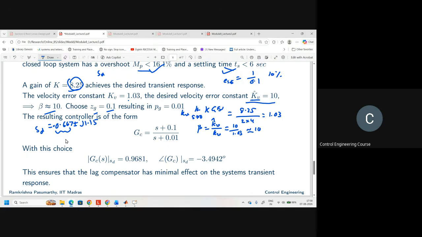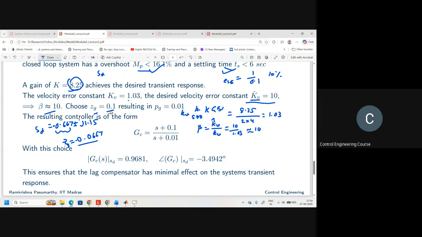So usually for Zc there are two ways. One is you can directly take 0.1, or otherwise 1 tenth of the real part of the desired pole, that means it is 0.0667. Some books actually follow this kind of notation, or otherwise you can use this one.